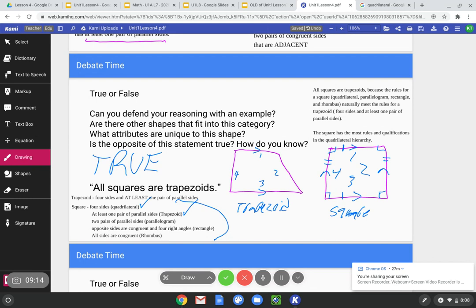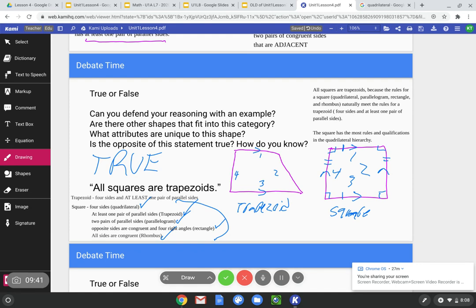Oh, and 4 and 2 are also, so it's a parallelogram. Opposite sides are congruent. Yep, 1 and 3 are congruent. 4 and 2 are congruent. And there are four right angles. Oh, but now that I'm looking, not only are 1 and 3 congruent, but 1, 3, 4, and 2 are all congruent. So we can see that it fits all those rules.